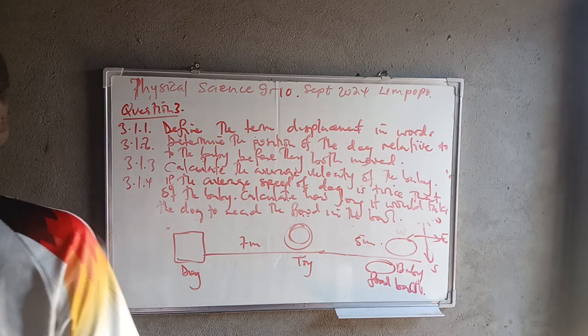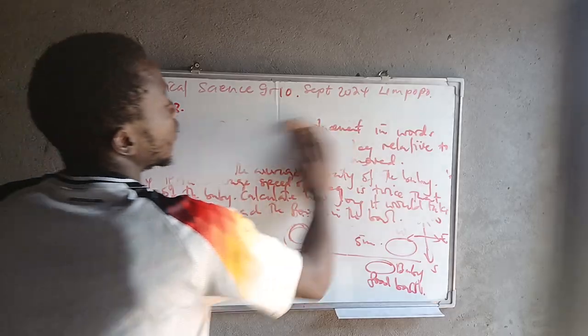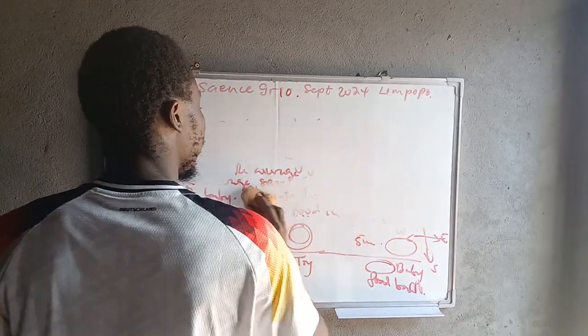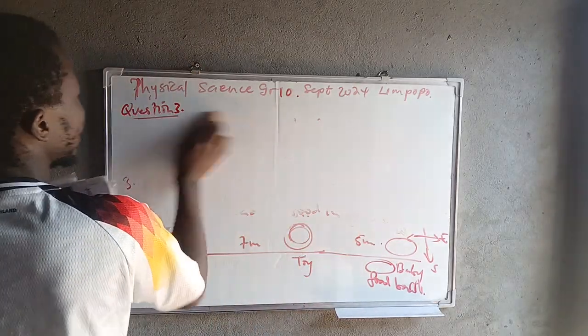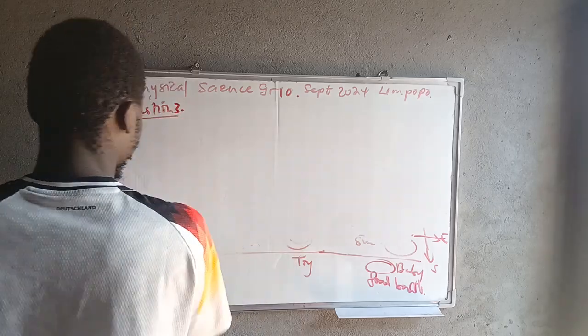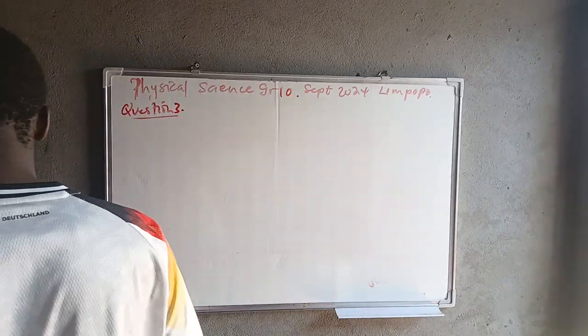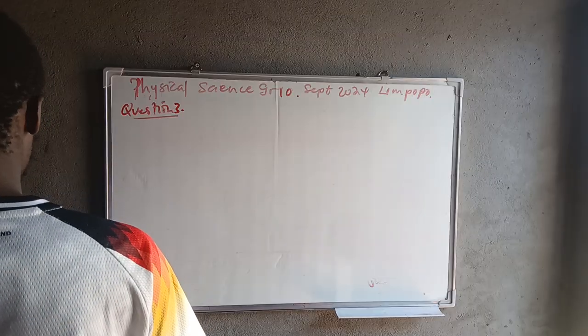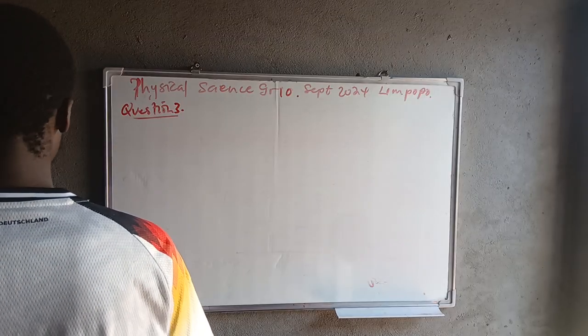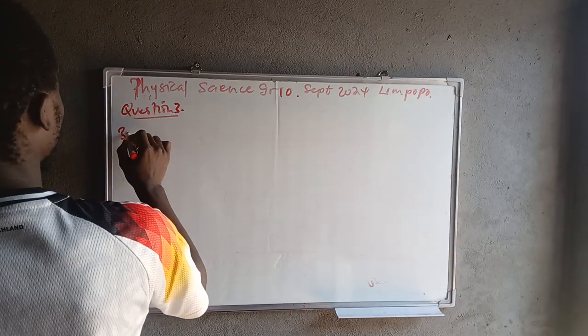So the solutions. So displacement, you said this is the change in position of an object. That's displacement, change of position of an object. Right? So we're saying 3.1.